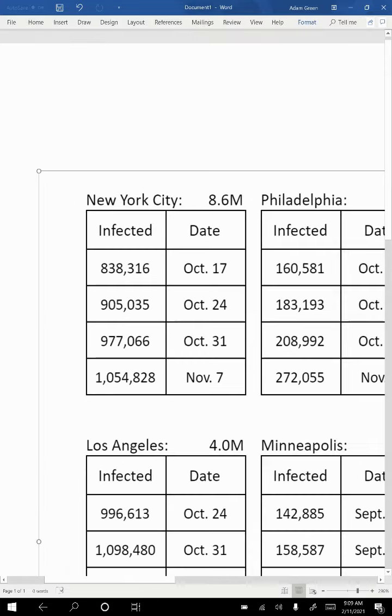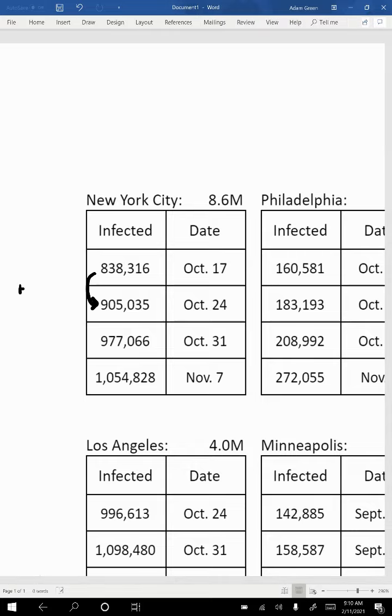For example, you might have looked at how many new people are being infected every day. This looks like it has gone up by, let's see, that's 840. So add 65,000 people. Whereas this city, Philadelphia, has only gone up by 23,000 people.